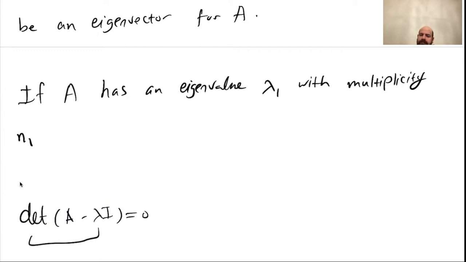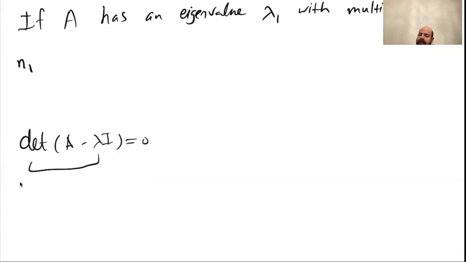After you factorize that polynomial, if lambda minus lambda 1 to power n1 appears, then lambda 1 is a root or eigenvalue for A with multiplicity n1. So this power in the factorization is called the multiplicity of the eigenvalue.